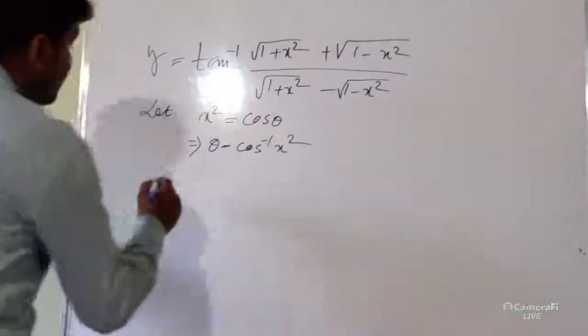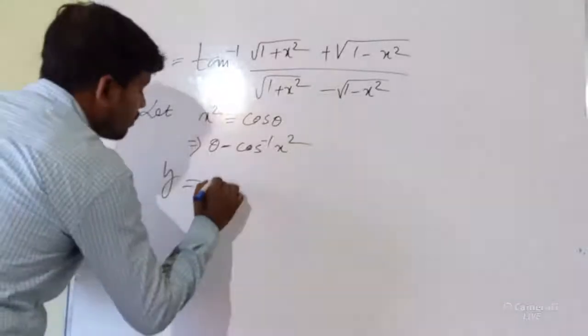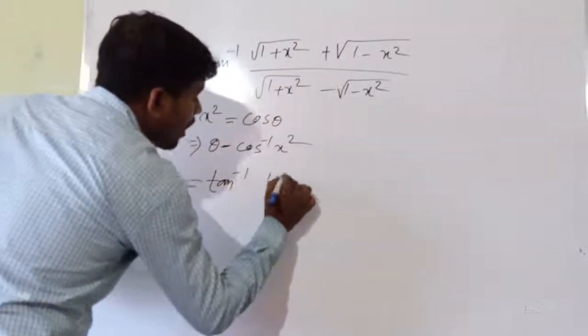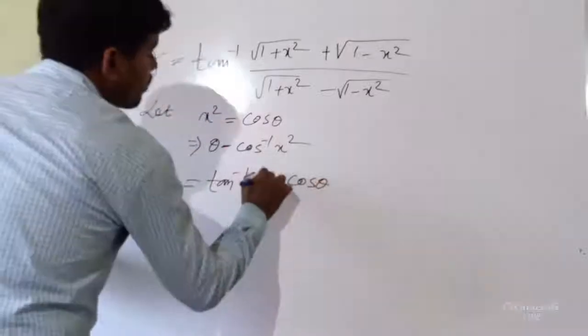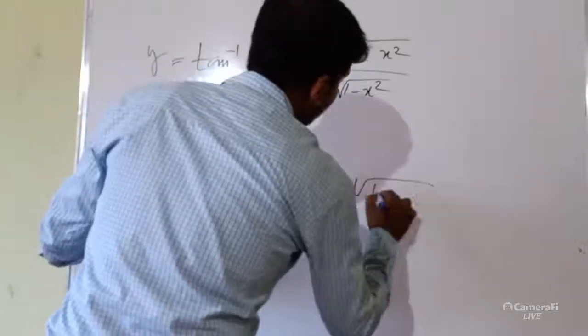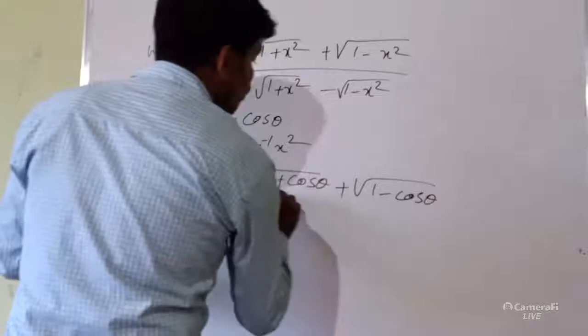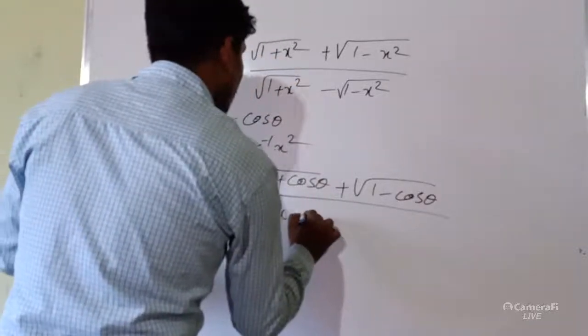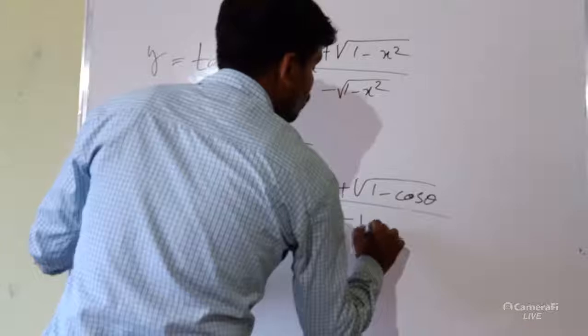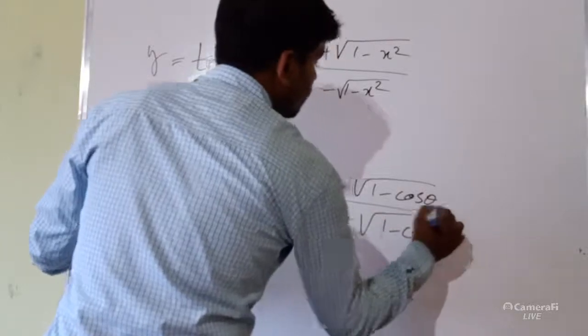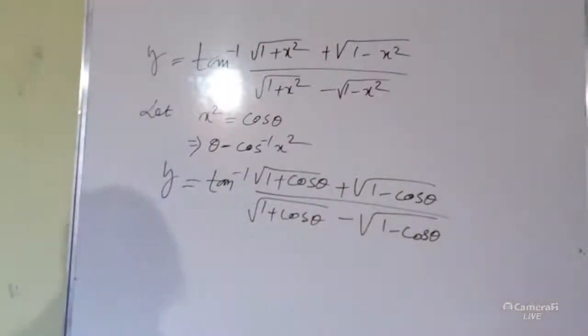Now y becomes tan inverse of root over 1 plus cos theta plus root over 1 minus cos theta, and the whole divided by root over 1 plus cos theta minus root over 1 minus cos theta. Okay, any doubt? Here we replace x square by cos theta.